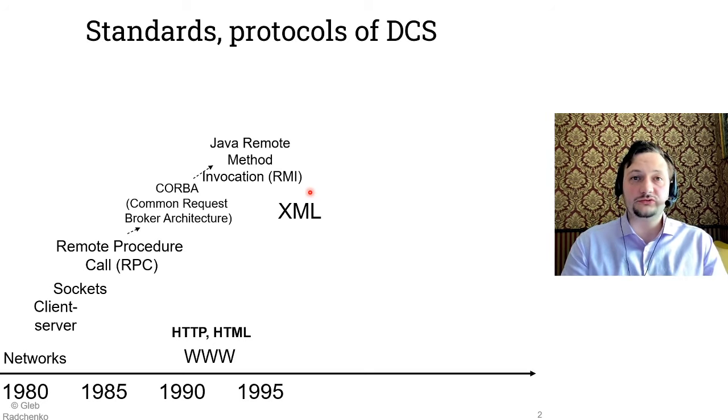But what if you use different languages? What if you would like to communicate through the internet? Java remote method invocation works very well inside the local network, the LAN, but when you go to a wide area network or the internet, you have a lot of problems.